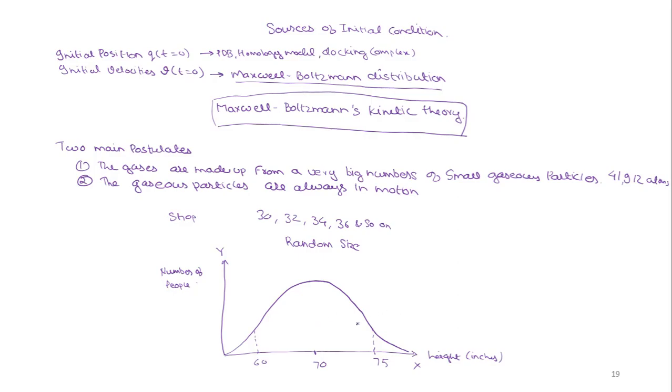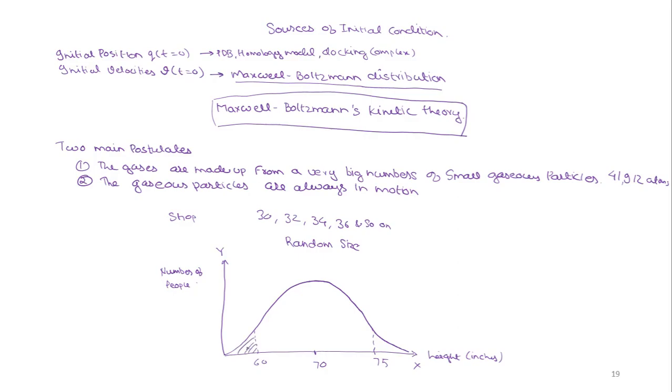The very first observation that you can make from such a probability distribution is that there will be very few people in your town that are very short.